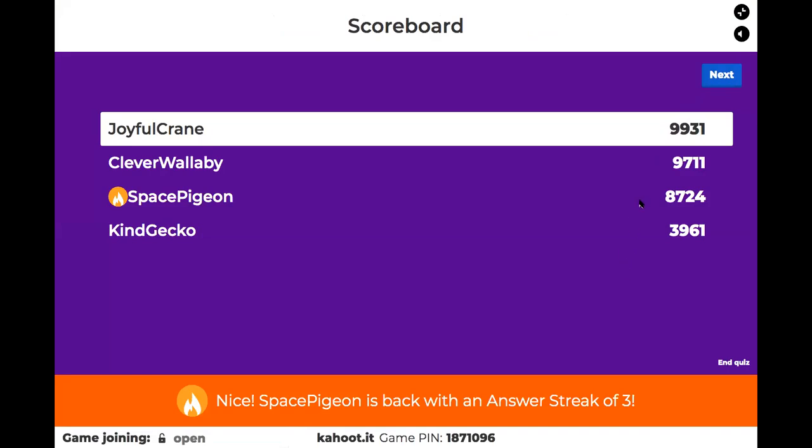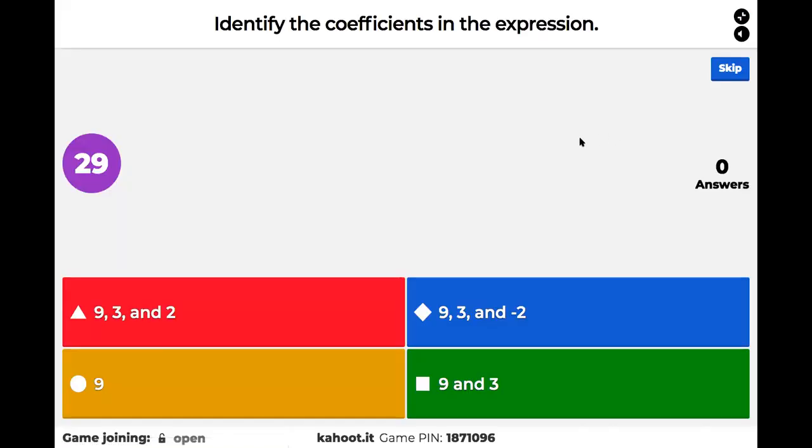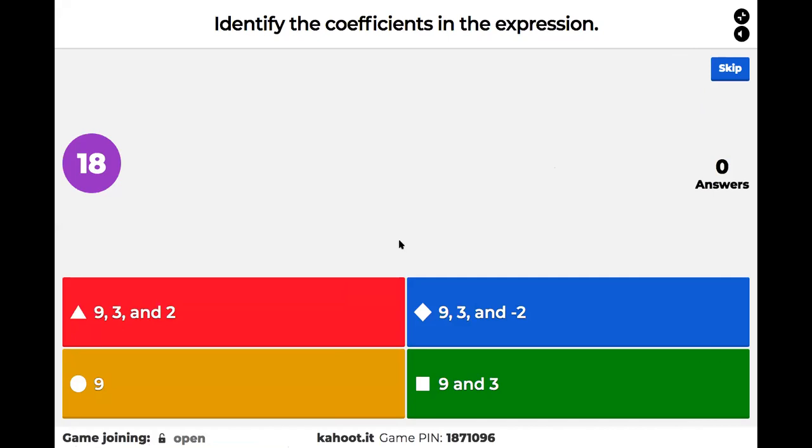Space Pigeon, back with 3 in a row. Identify the coefficients in the expression. Wait, where's the expression? Is there an expression? I don't see it, Miss Johnson. Do we have to guess? There's no problem on here. Your internet connection is unstable. Now my thing, I don't know.